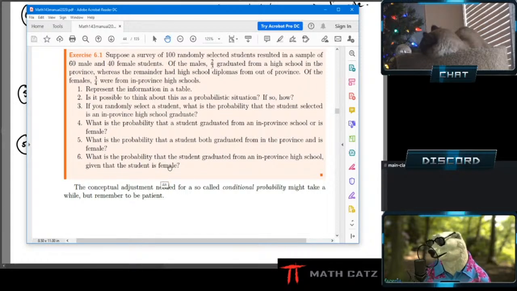Someone tells me they've selected a person. They look at the person and their information, and it's a female. Then they come to me. Look, I've selected a female. This is a fact because I've secretly already done it. How likely do you think it is that the person graduated from in the province?